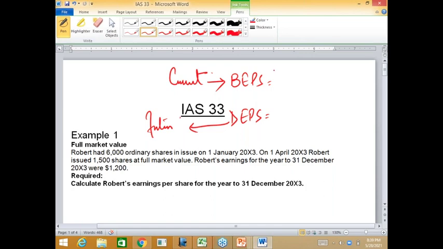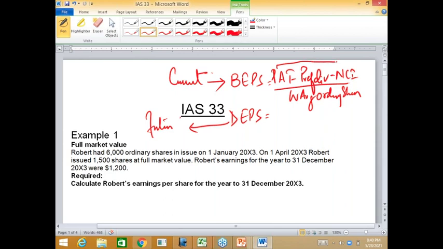The formula to calculate the basic EPS is profit after tax minus preference dividend minus NCI, if we are calculating the EPS of the group, divided by weighted average ordinary shares. This whole numerator is also called earnings.